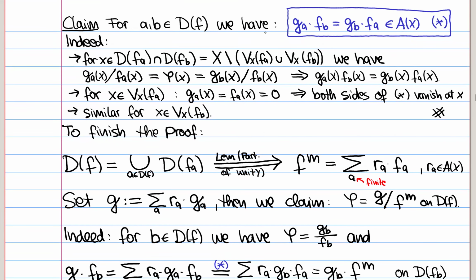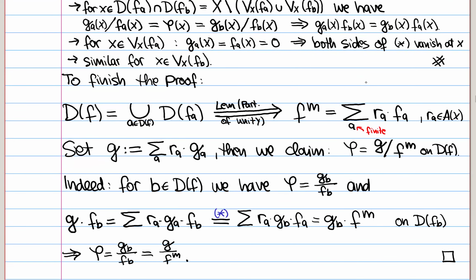And then in this blue box, we saw g_a times f_b is equal to g_b times f_a. So we can switch the indices here. And now you see this is the sum over a, so we can draw the g_b outside. And then we're just left with the sum of r_a times f_a.